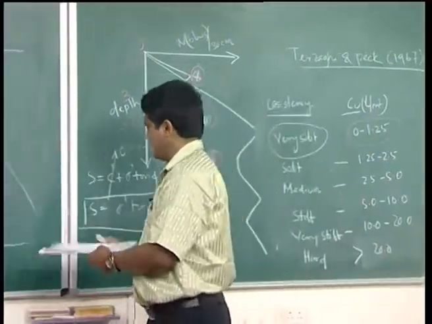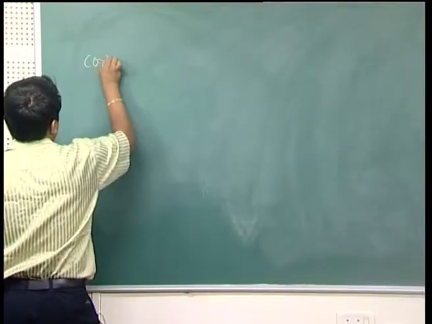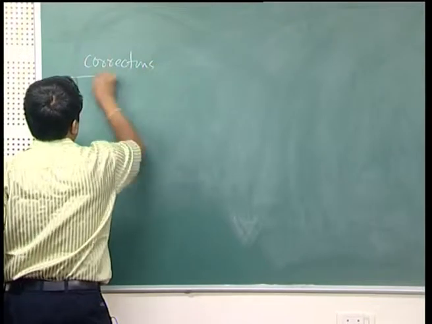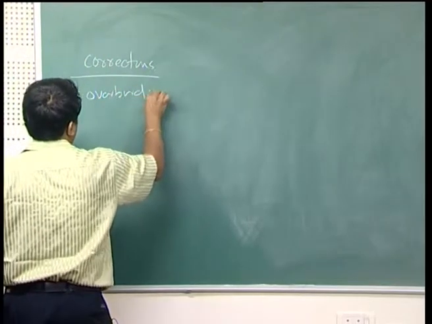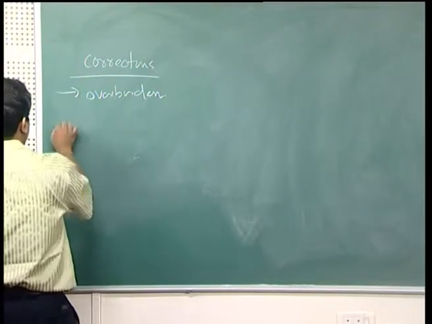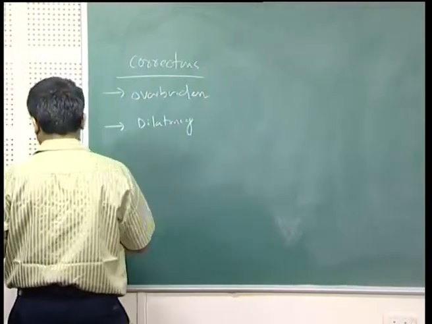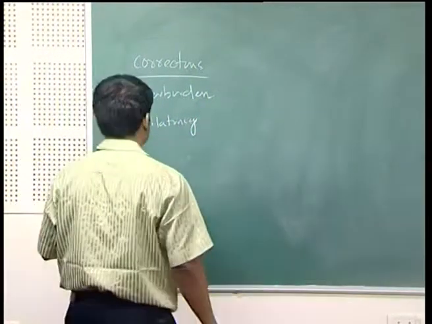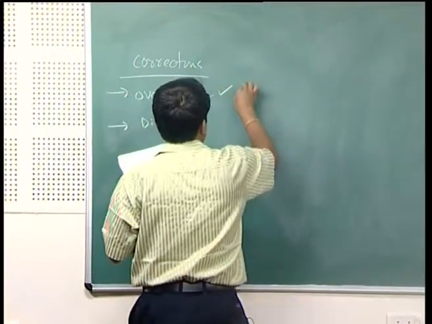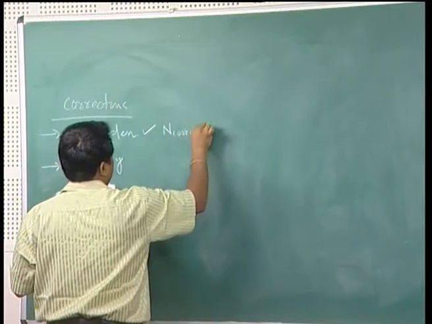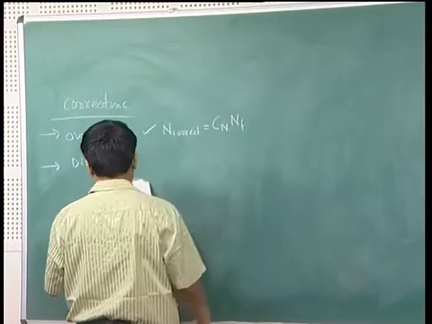Now, there are two corrections in SPT, standard penetration test. There are two corrections: correction due to overburden, then correction due to dilatancy. So, N corrected for overburden, N corrected, is equal to Cn into Nf.